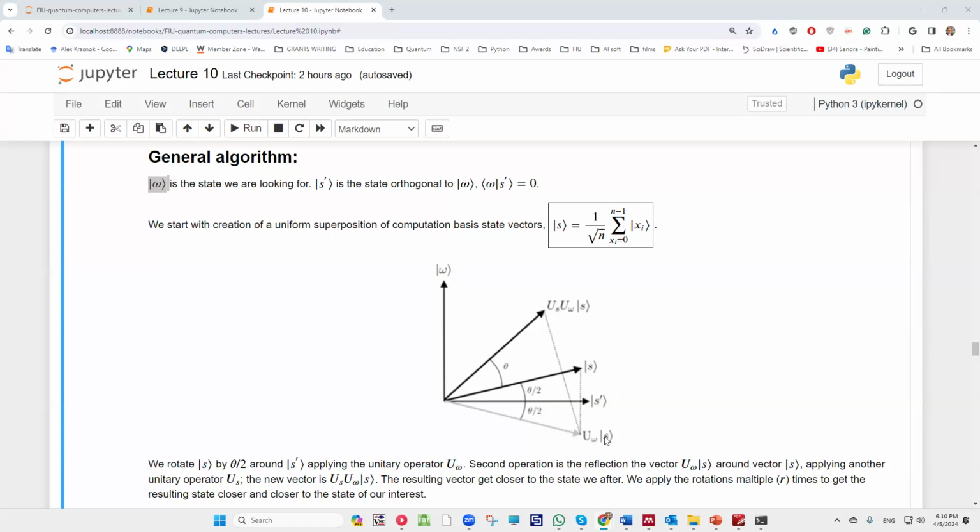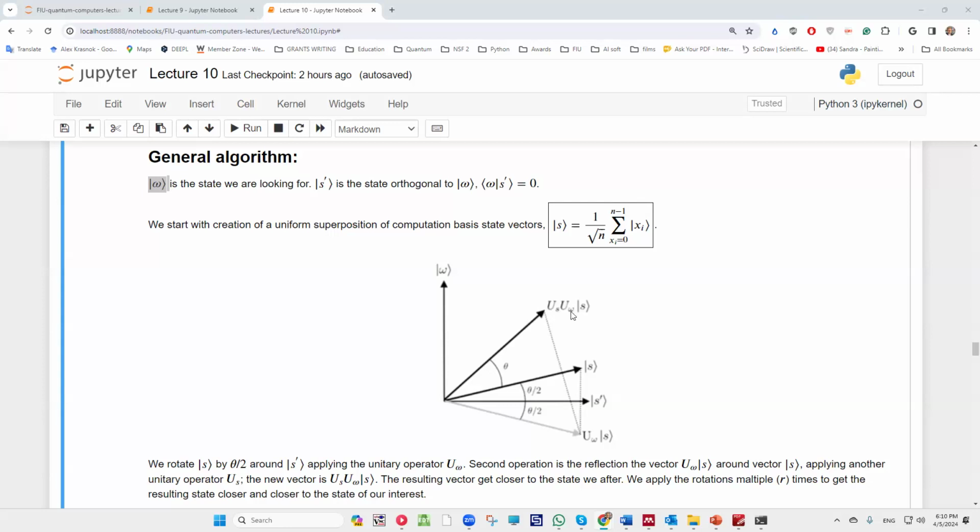So this is the oracle operator. Next we apply another operator that rotates this vector U omega S around the initial state S by the same angle theta. As a result of these two operations, we get a new vector.